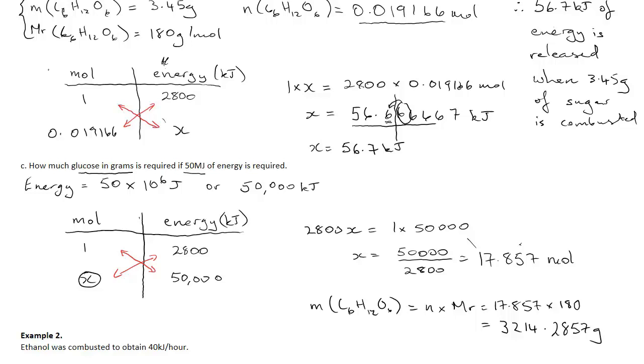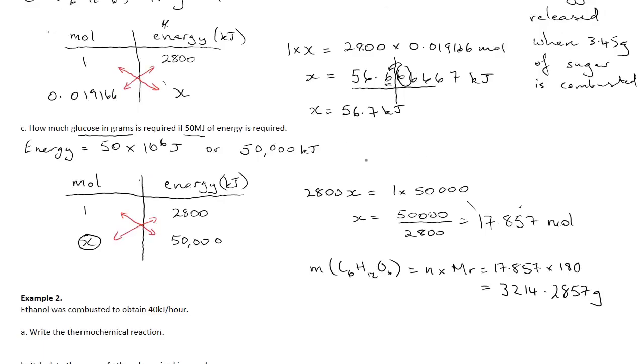Now, if you check your significant figures again, in this case there are only 2 significant figures. If you wanted to find this answer in the correct amount of significant figures, the first thing you need to do is turn it into scientific notation. So 3.214287 times 10 to the power of 3 grams.